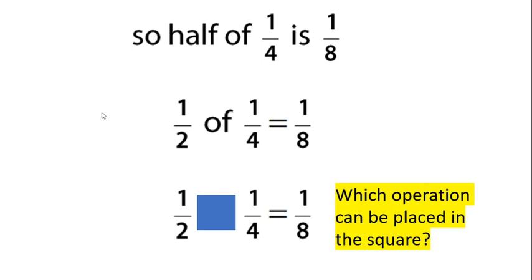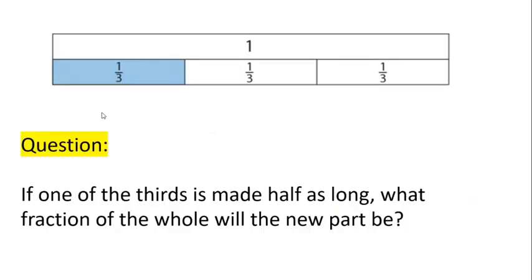Was it add, subtract, divide or multiply? Okay, the answer is multiply. So if we look on screen now, a half of a quarter is 1/8. Or you could say 1/2 times 1/4 equals 1/8.